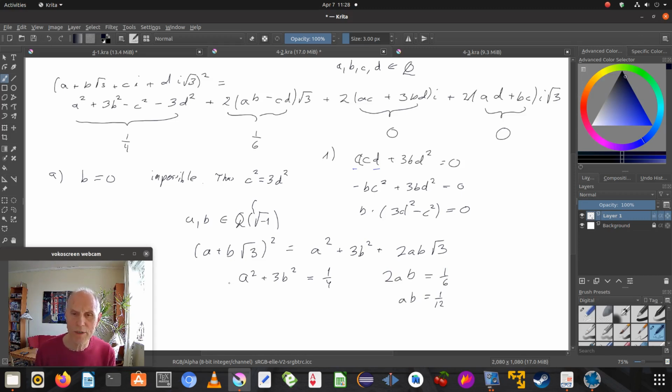So if we multiply this by 144 B squared, divided by 4, that's 36. Then this gives unity.